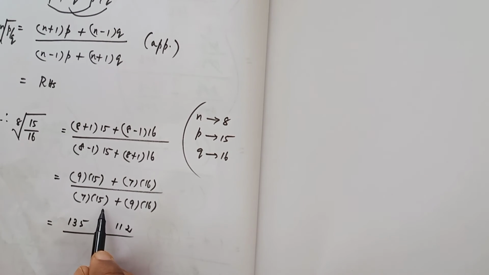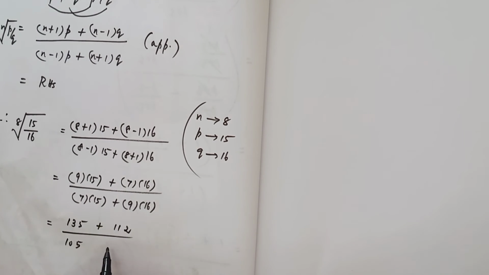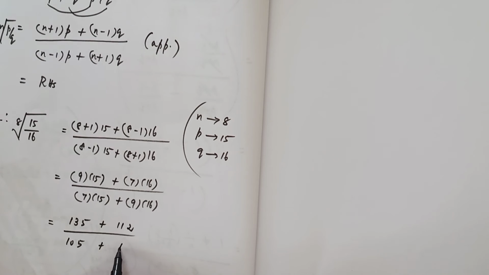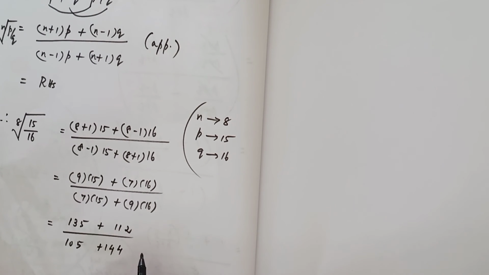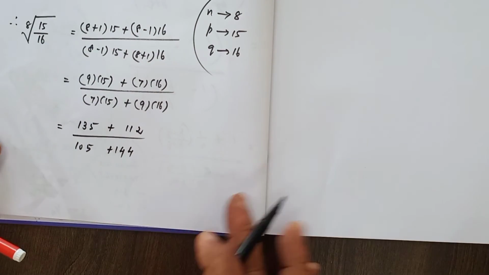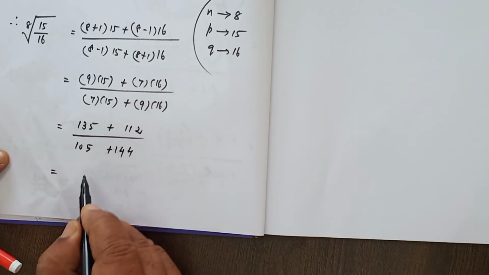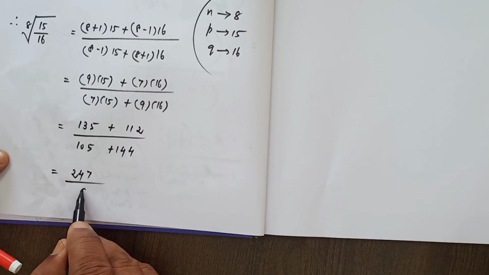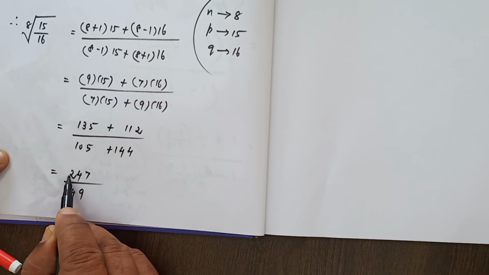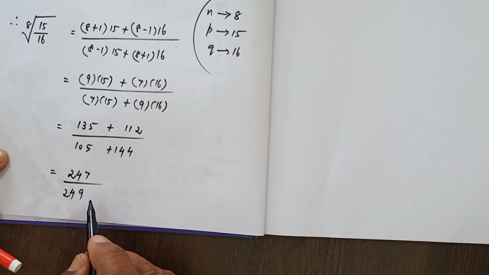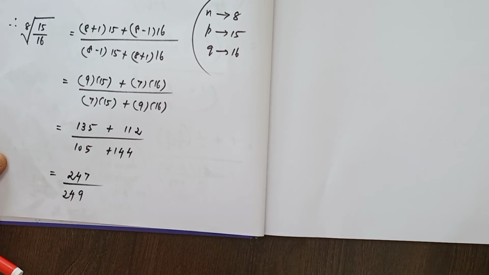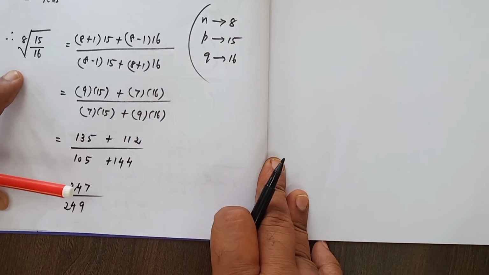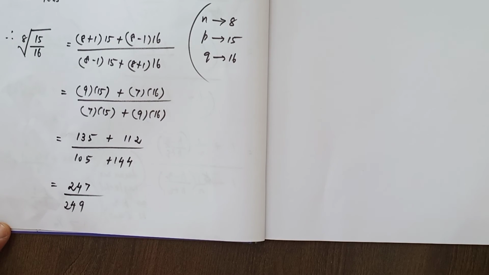Divided by 7 into 15: 5 7s are 35, balance 3, 105, plus 9 6s are 54, balance 5, 9 1s are 9 plus 5, 14, 144. Now I have to add, we will be getting 247 divided by 249. That is the value of the 8th root of 15 by 16.